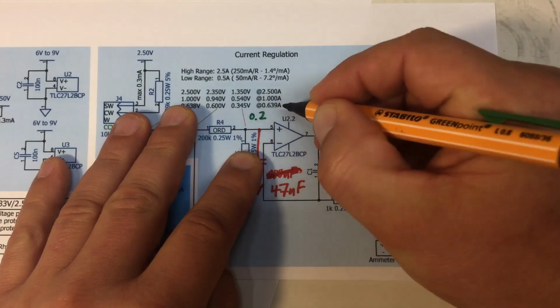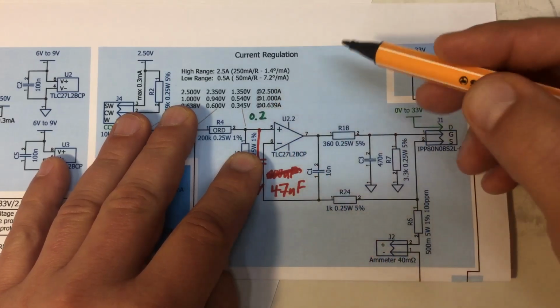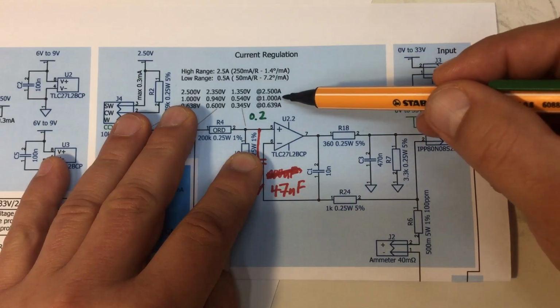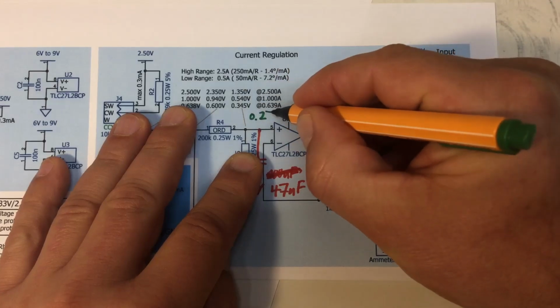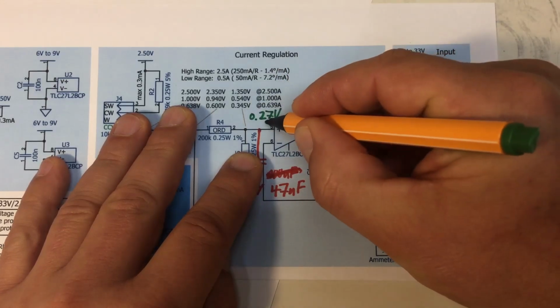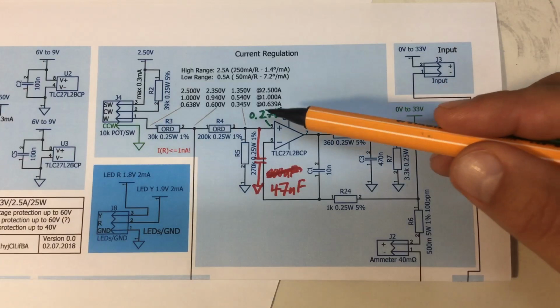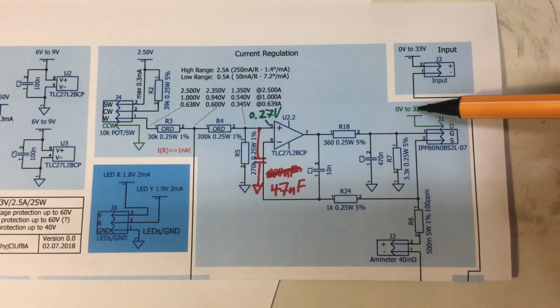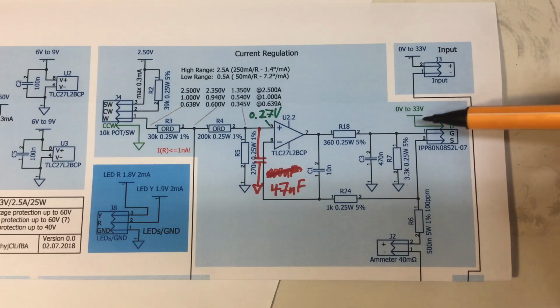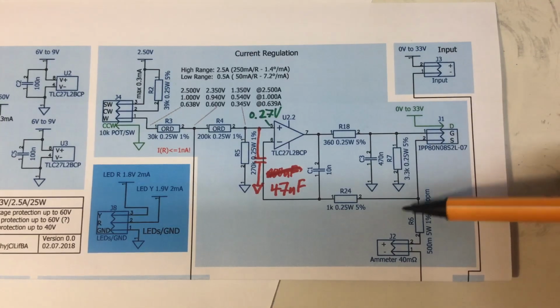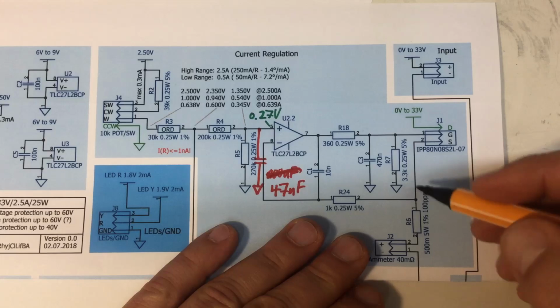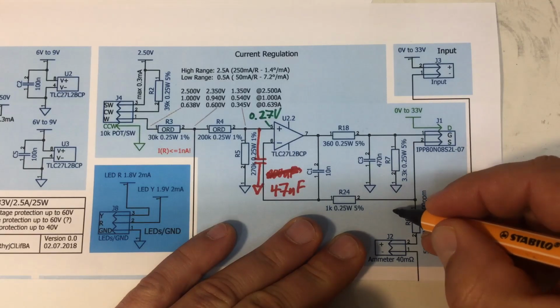No, that's wrong, sorry. 500. Yeah, 0.27 volts. It's correct. At this point we have nothing connected here, so whatever that MOSFET does doesn't matter. We have 0 volts here. This is going to ground.